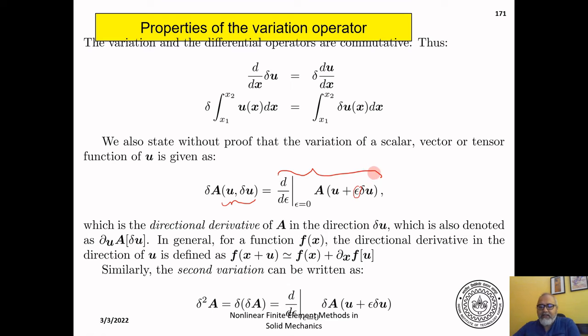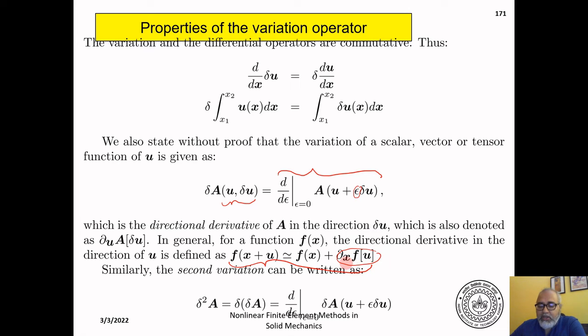Now, in general, this is like your generalized Taylor series. Here's a function f, which is a function of another variable x, which can be a vector, scalar, or tensor. F can be a vector, scalar, or tensor. And then f evaluated at x plus u, slightly away from x, is f(x) plus the directional derivative of f with respect to x in the direction of u. That is going to be denoted by this symbol.